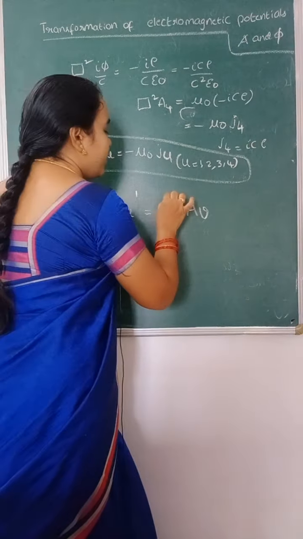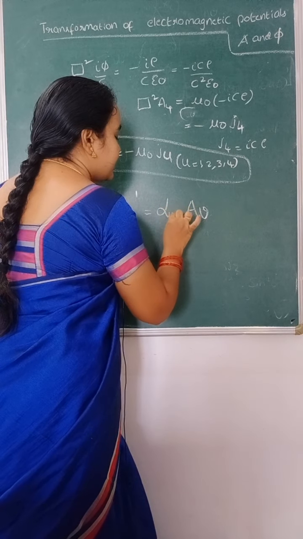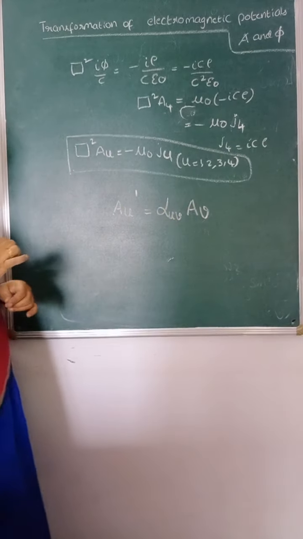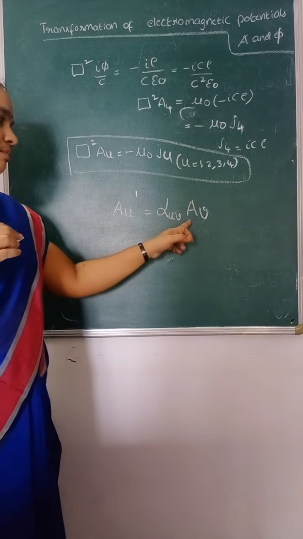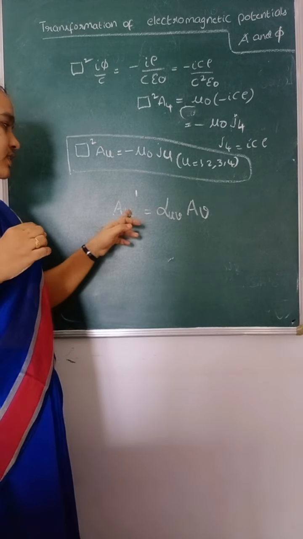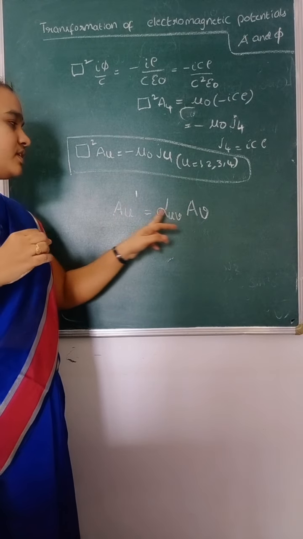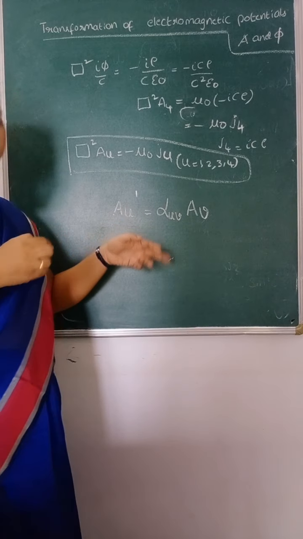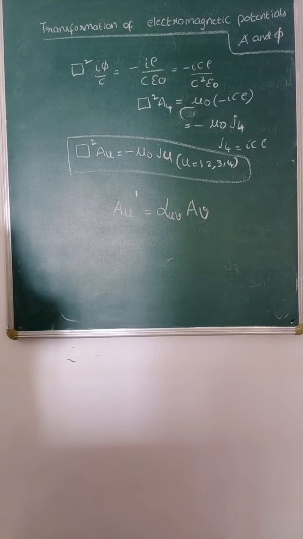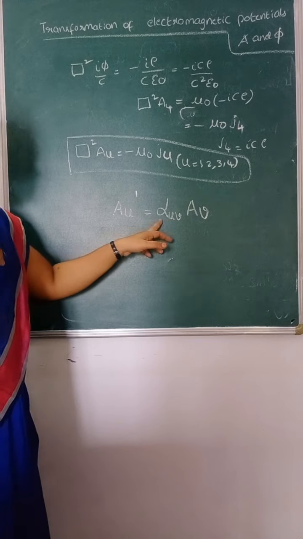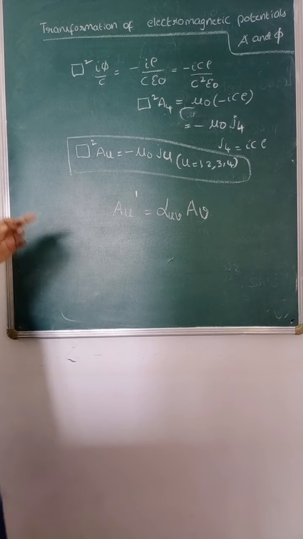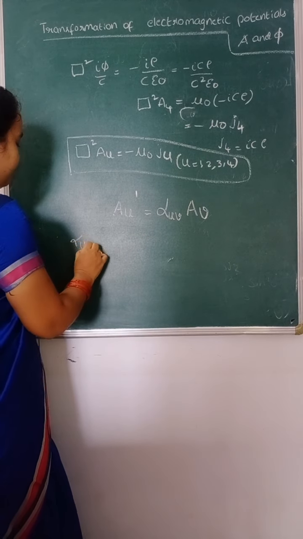Here we will consider a matrix called alpha uv. We will transform the magnetic vector potential from one frame of reference to another by multiplying with a matrix called alpha uv, where alpha uv is predefined.